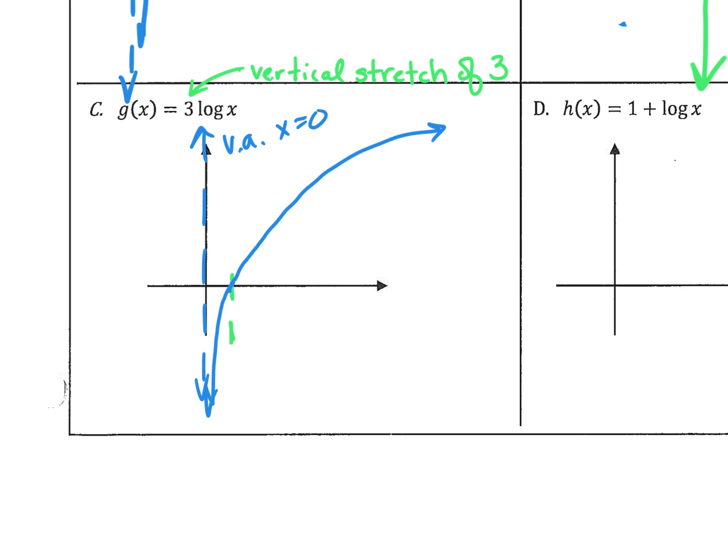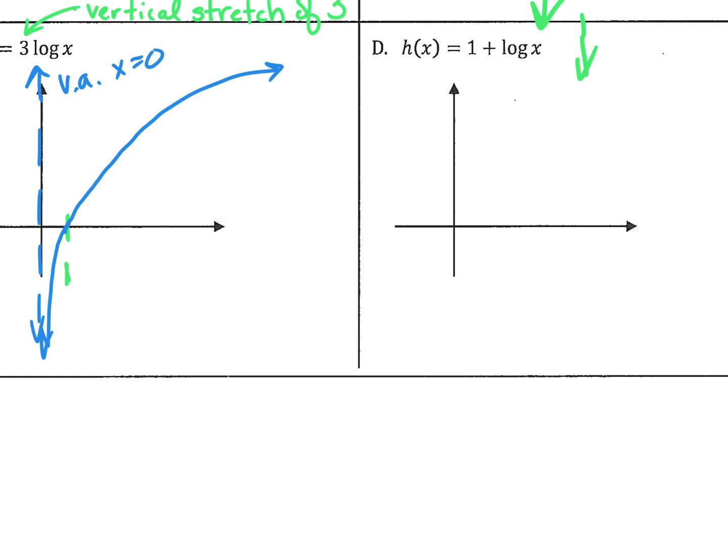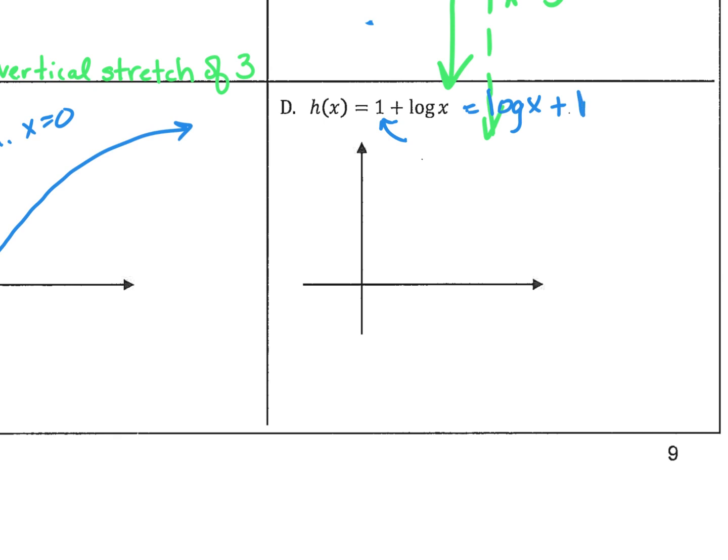All right, so now, what does this do? That is a big number. So what kind of transformation is that? Is it flipping you out because it's first? Rewrite it. Couldn't we rewrite this as log x plus 1? Now, can you tell what it is?